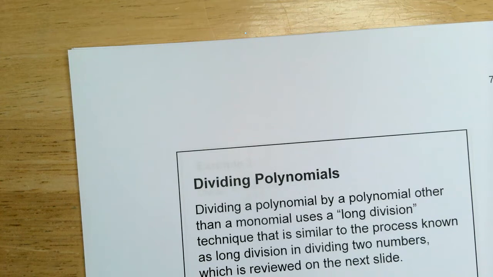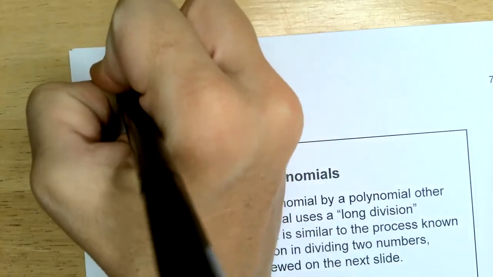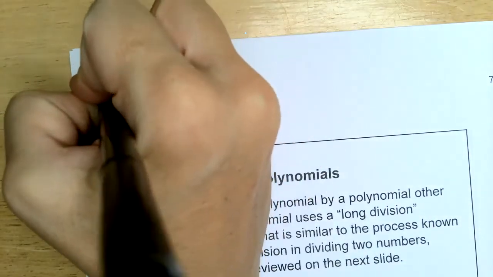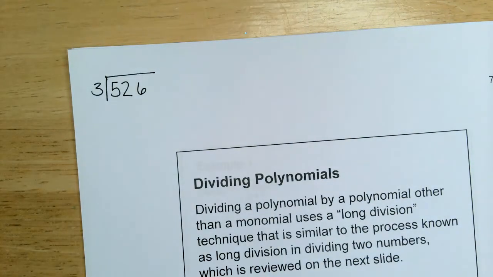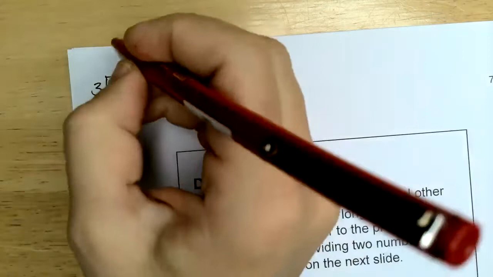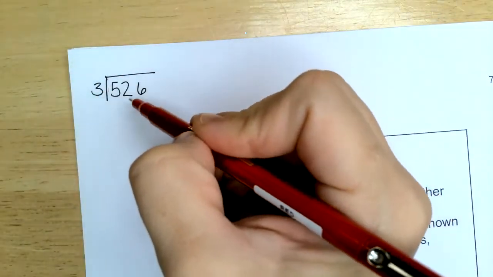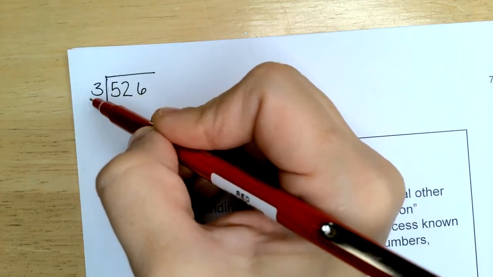So I'm going to say 526 divided by 3. What we want to do is take the first term of what you're dividing into and the first term of what you're dividing by. So 5 and 3.